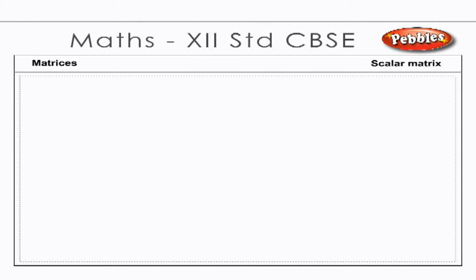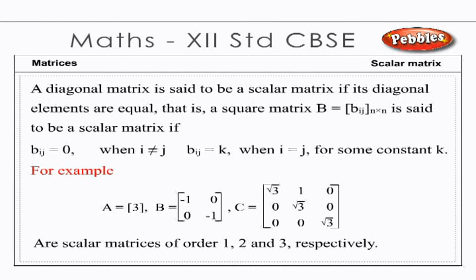Scalar matrix. A diagonal matrix is said to be a scalar matrix if its diagonal elements are equal. That is, a square matrix B = [b_ij] n × n is said to be a scalar matrix if b_ij = 0 when i ≠ j, and b_ij = k when i = j, for some constant k.